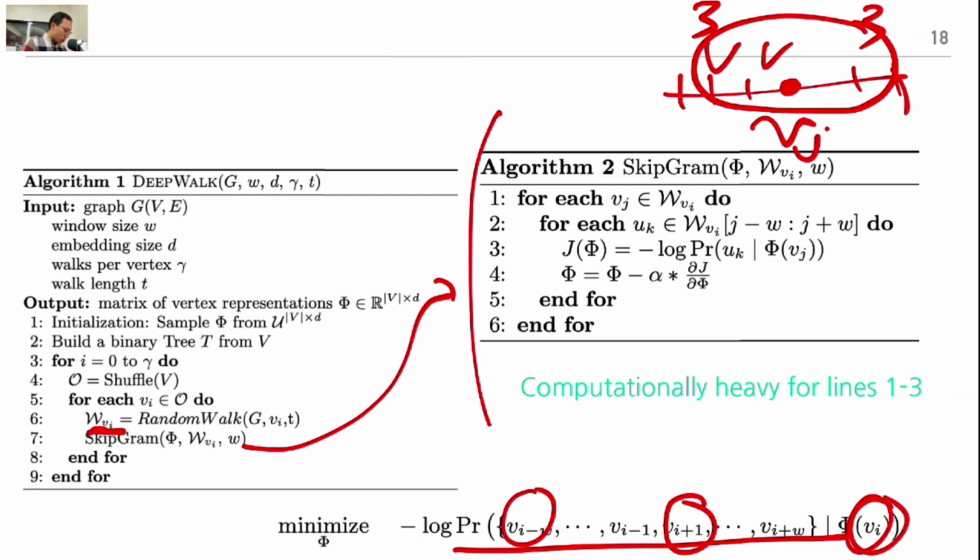That's why it may be difficult, and I also find it difficult to explain. They're the same. In this page, you just need to understand the objective function from the skip-gram. We get the input and output from the random walk, and we update the feature matrix. Just understand that procedure. Let me give you details.